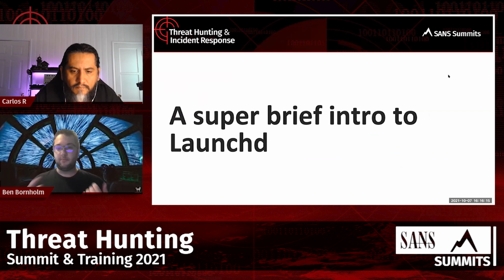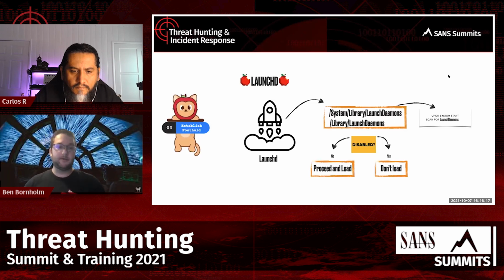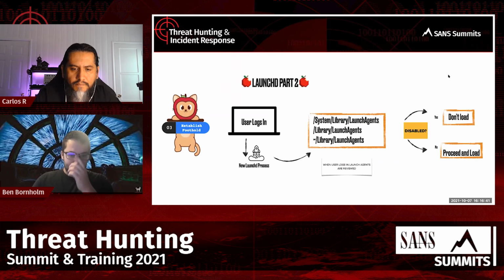For those of you who may not know launchd or may not be familiar with Mac, we're going to do a super brief intro on how launchd works. launchd has launch daemons and launch agents, and those are ways to start applications. Launch daemons are for when the system boots up: I want you to start these applications on boot. Those launch daemons can be set to enabled or disabled, so whether to load or not to load.